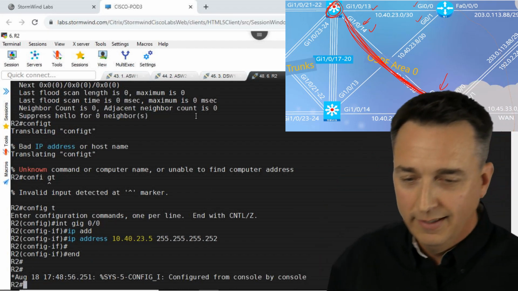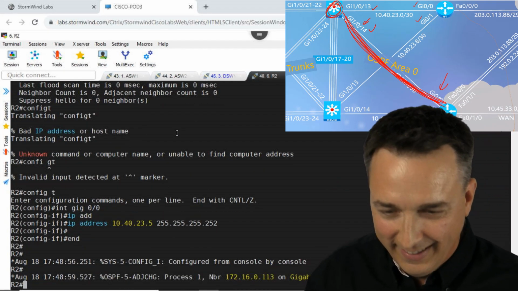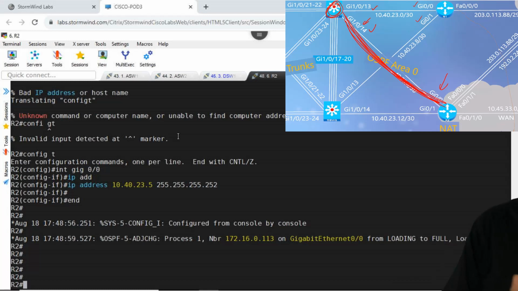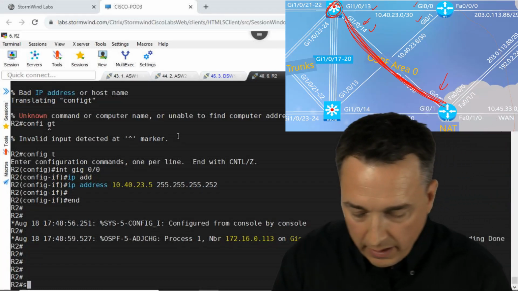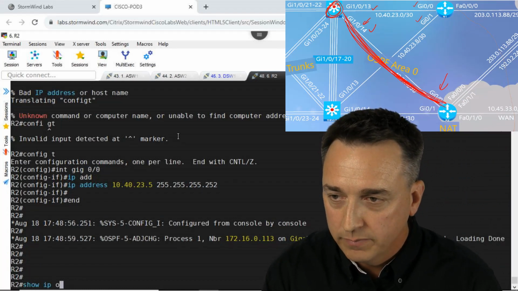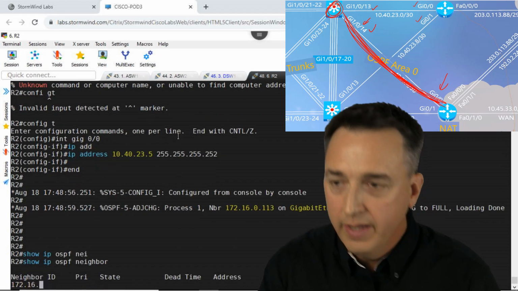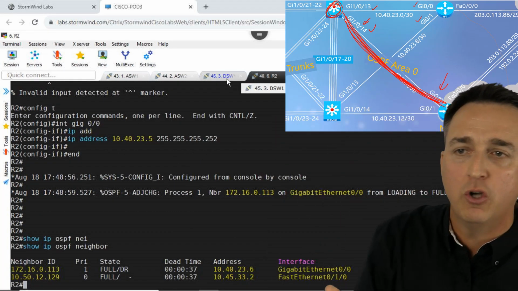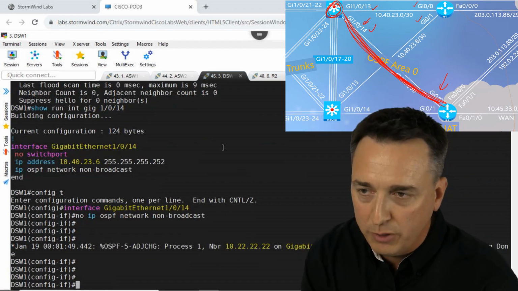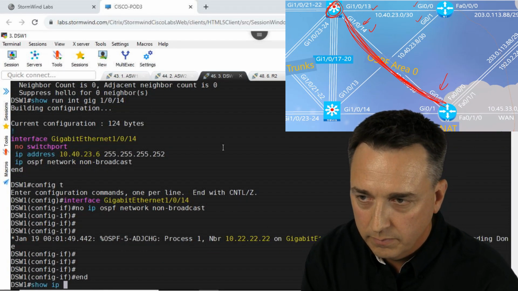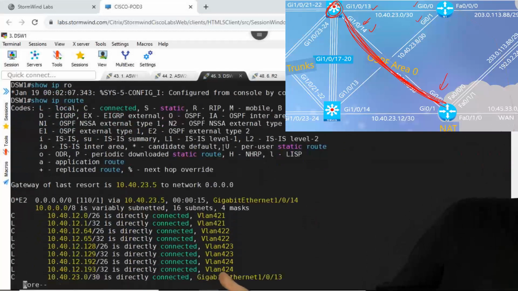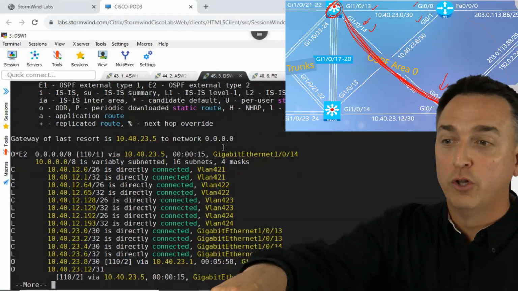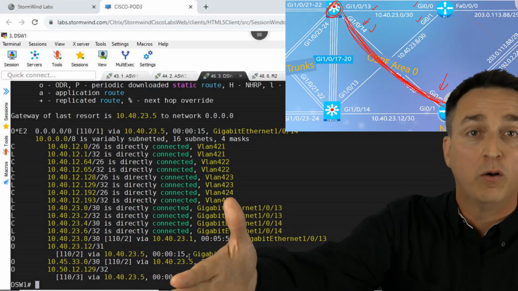Fingers are crossed. All right, there we go. Neighborship formed. Okay. So show IP OSPF neighbor. Now, with that said, we know that we have a neighborship. So if we just go back to DSW1, let's type in show IP route. Oh, look at that. We're learning stuff. OSPF, we got a default route now.